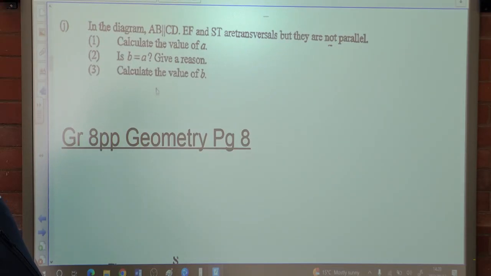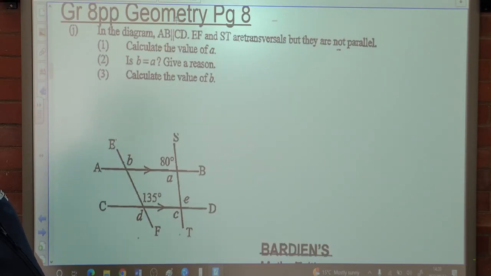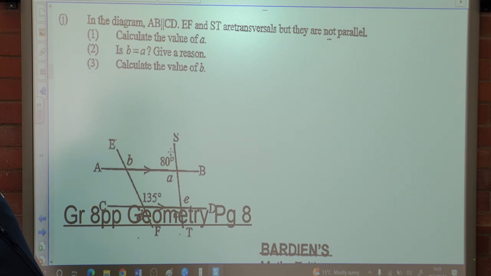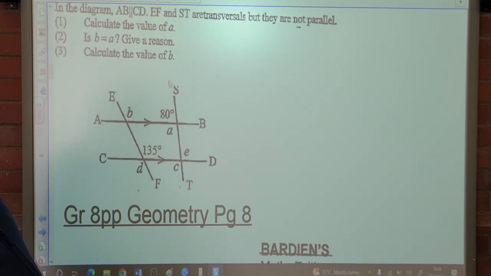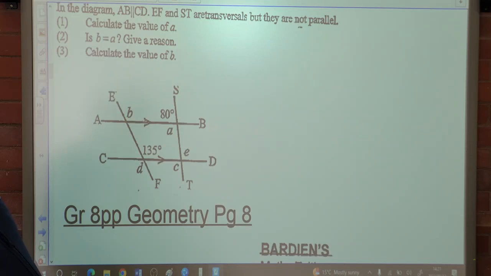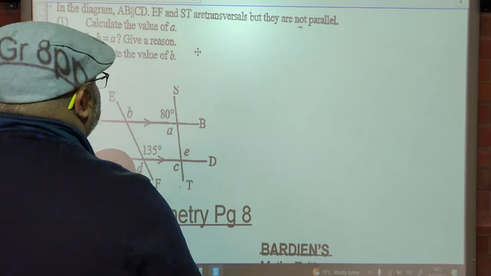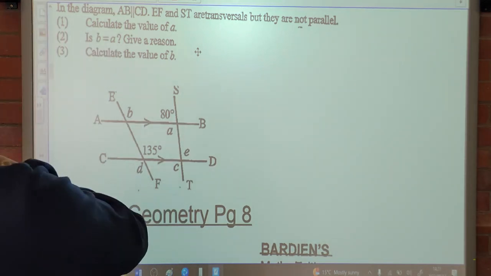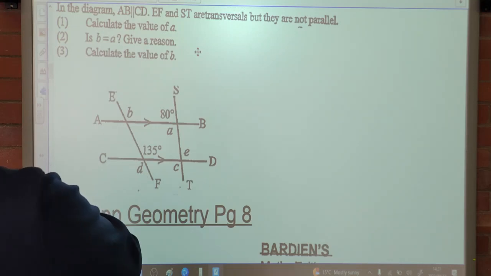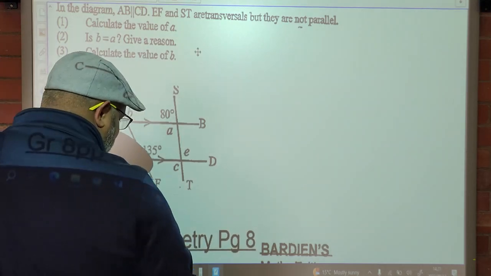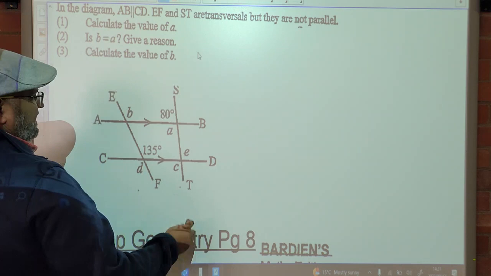So on page 8, we are told that in the diagram, AB is parallel to CD. As you can see, it's marked here for those parallel lines. EF and ST are transversals, which are straight lines. They cut these parallel lines, but are not parallel. First question, calculate the value of A. So how can I calculate the value of A?